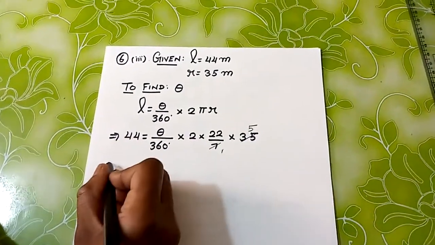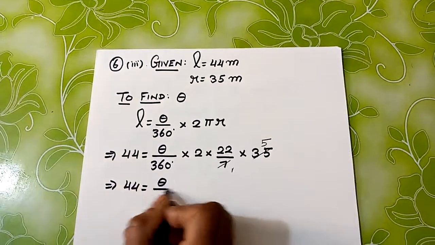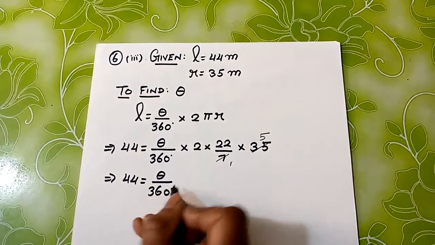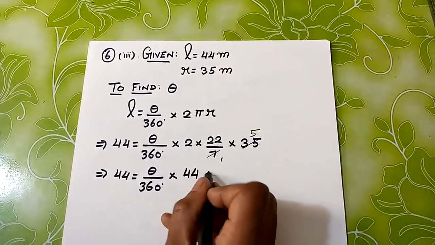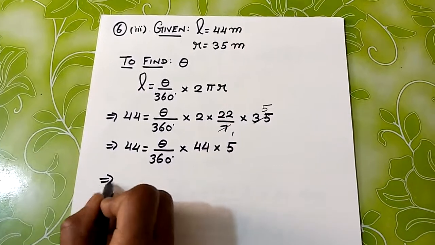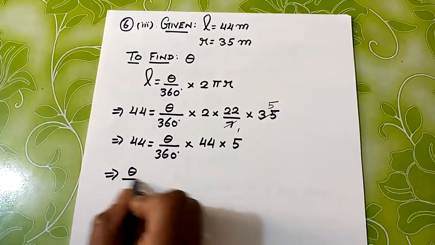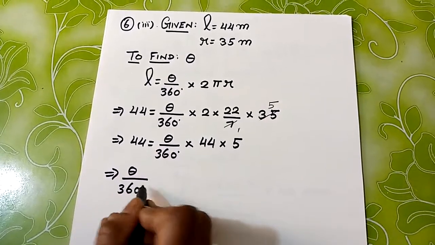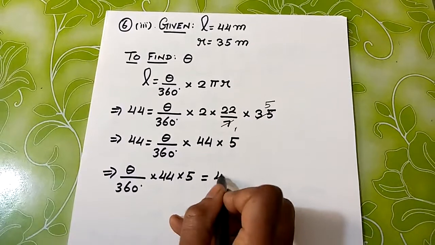So I'm going to write like this, that is 44 into theta by 360 degree into 2 into 22, you will get the value as 44 into 5, which is nothing but just you can interchange the left hand side and right hand side. I am going to write like this, that is theta by 360 degree into 44 into 5 equal to 44.